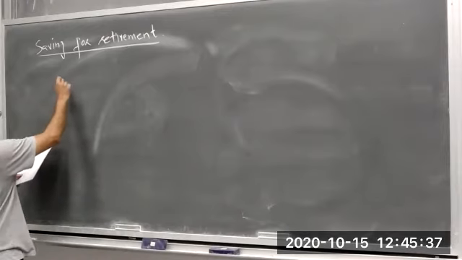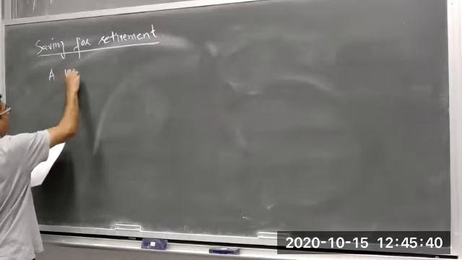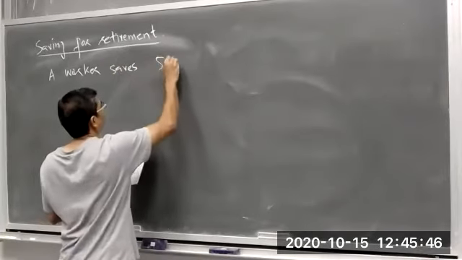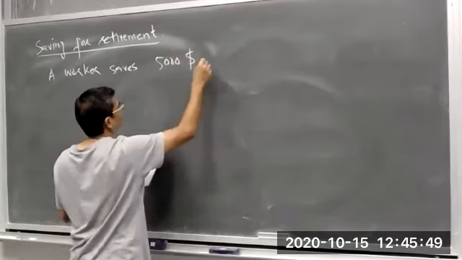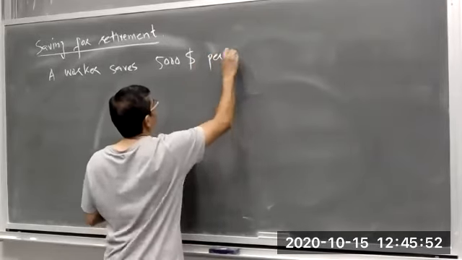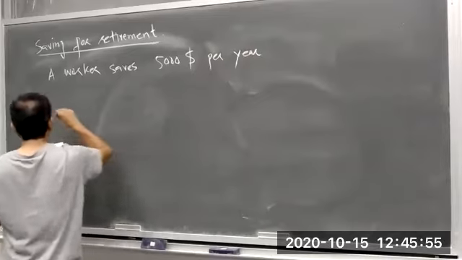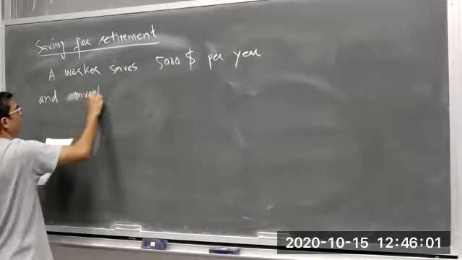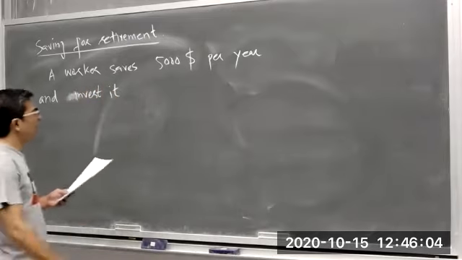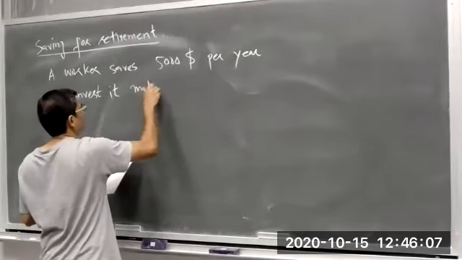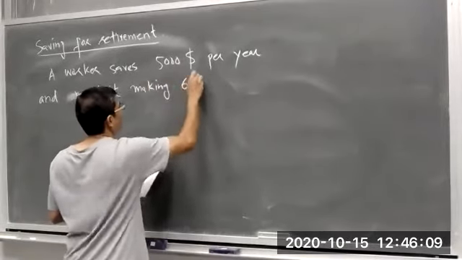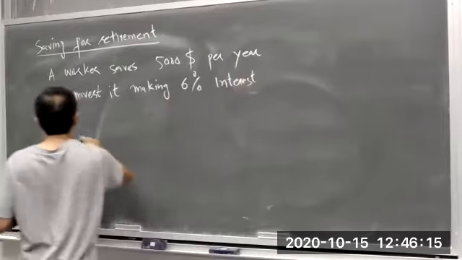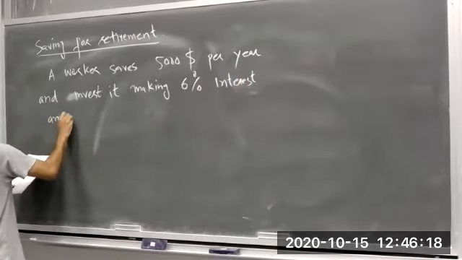Okay, a worker, or an employee, saves 5,000 rupees, or you can say dollars, per year, and invests it in some business, making 6% interest annually, or you can say yearly.